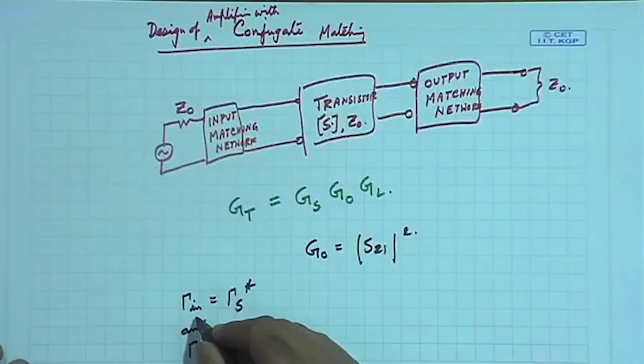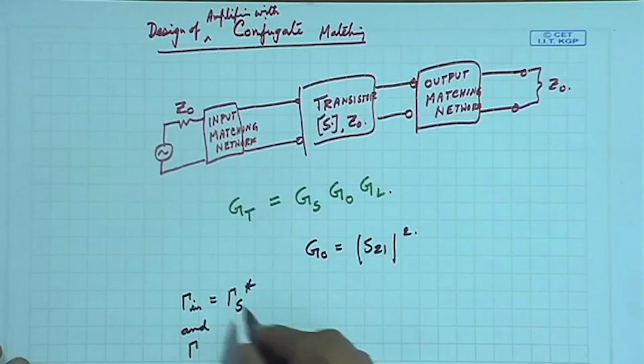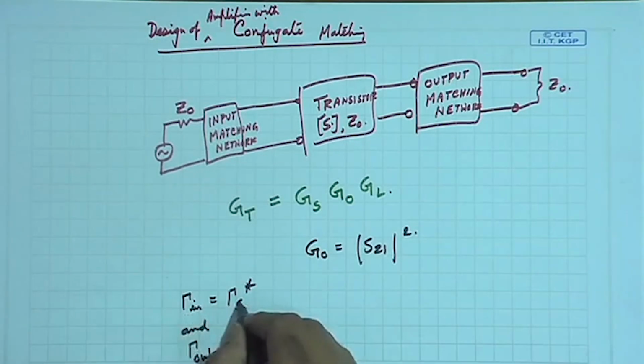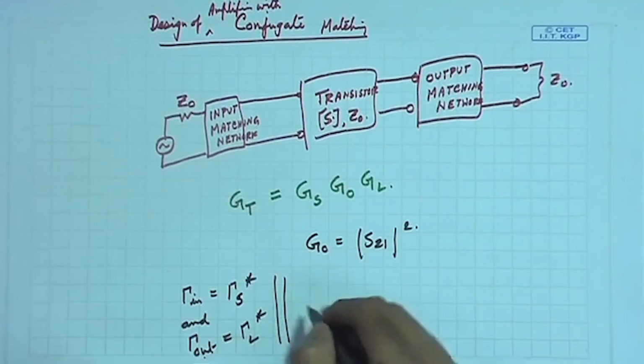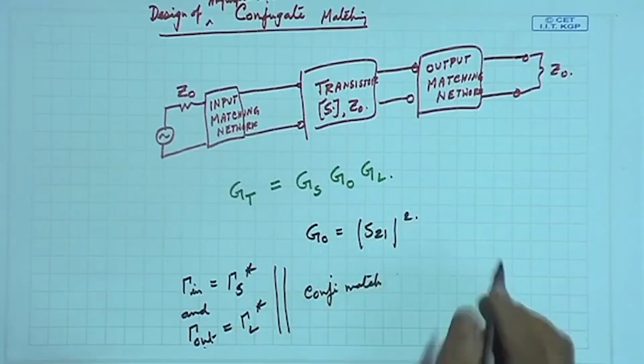In that case gamma in is a function of gamma L, and gamma out is a function of gamma S. So, simultaneously the input and output should be matched for conjugate matching, and conjugate matching says that you choose gamma in equal to gamma S star and gamma out equal to gamma L star, so that you become a conjugate match and you get maximum power transfer.